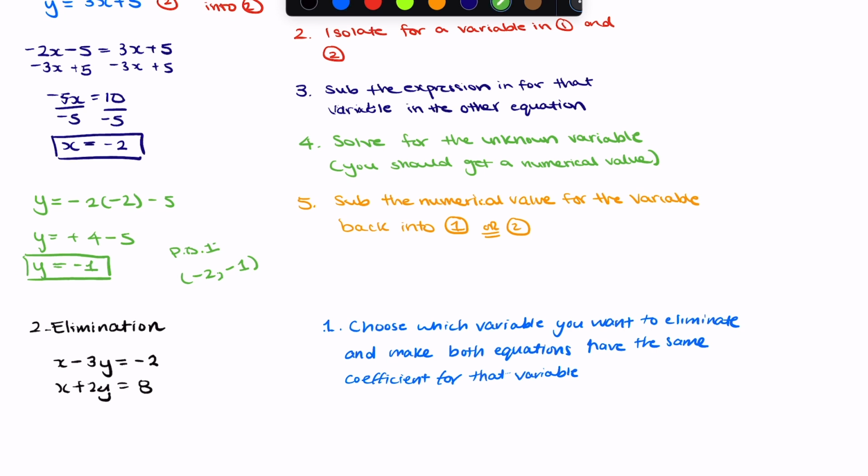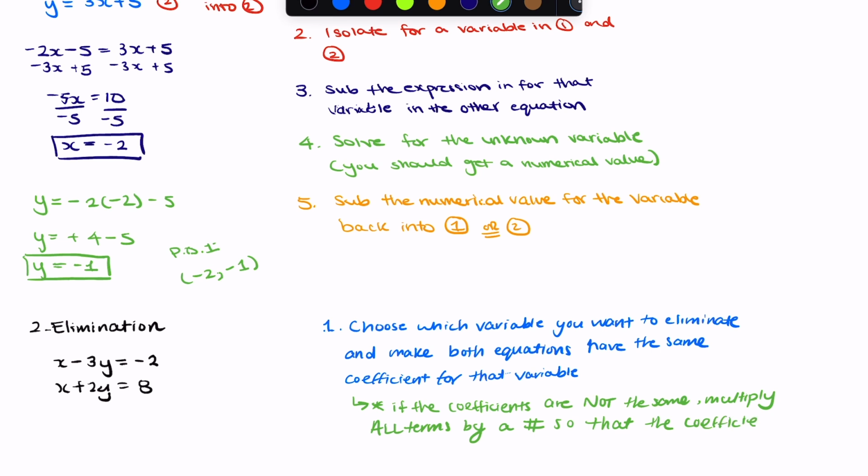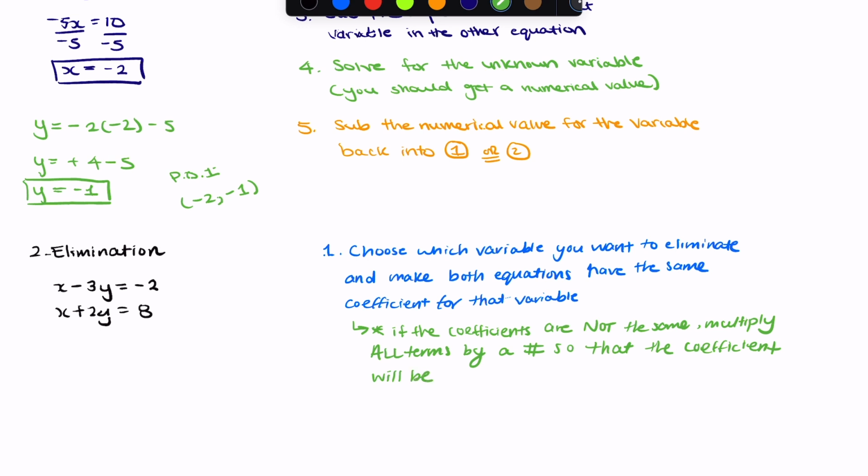However, if the coefficients are not the same, we need to multiply all terms by a number so that the variable will have the same coefficient for both equations.